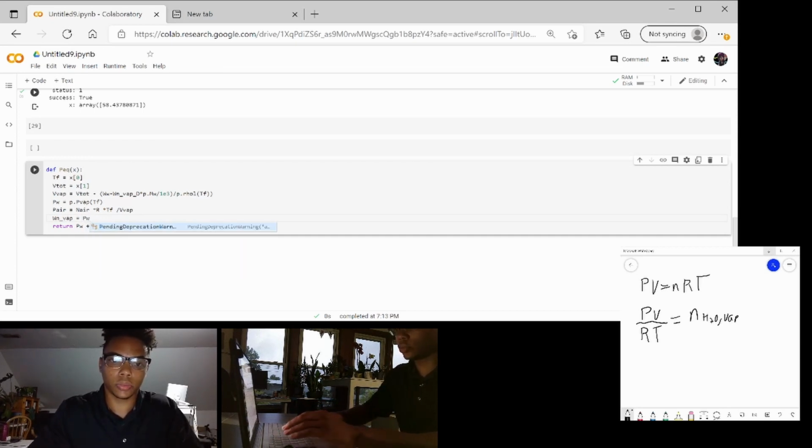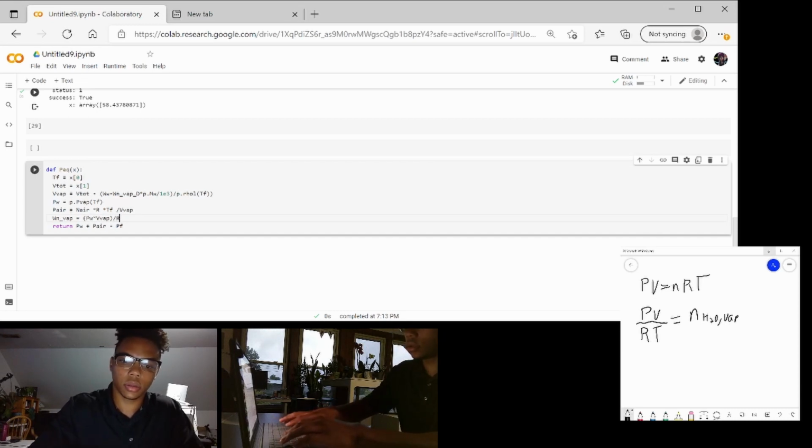So our partial pressure of water times our volume of vapor, go ahead and put the parentheses, divided by our final temperature.